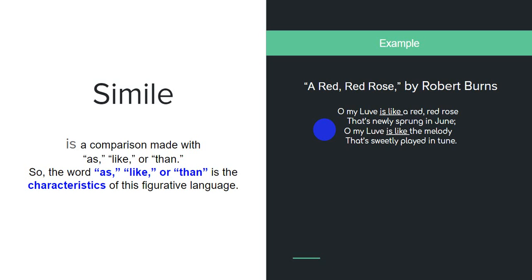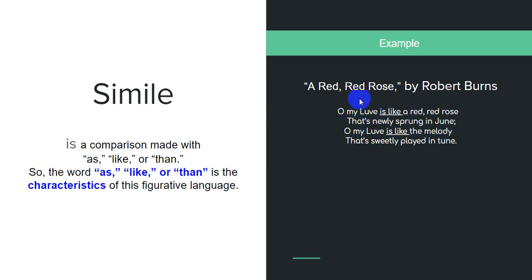Over here, Robert Burns used is like to compare his love with a red, red rose, and also to compare his love with the melody.